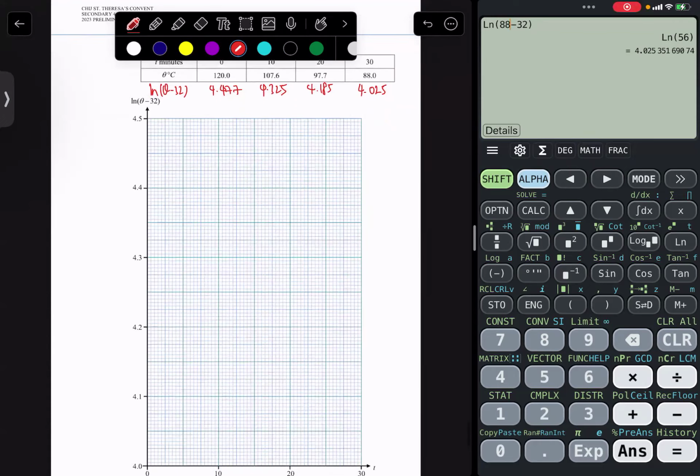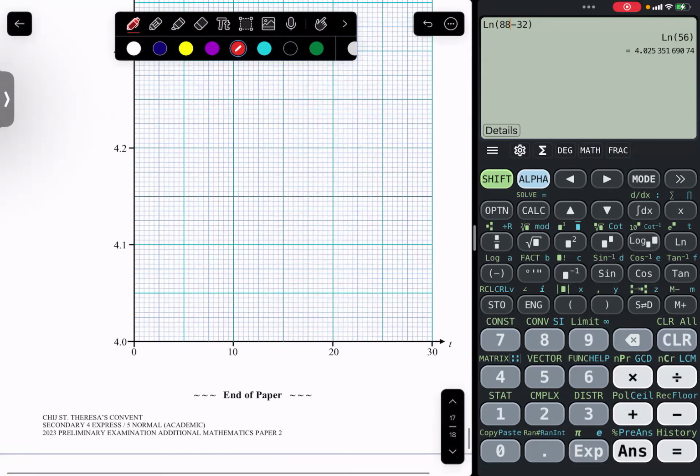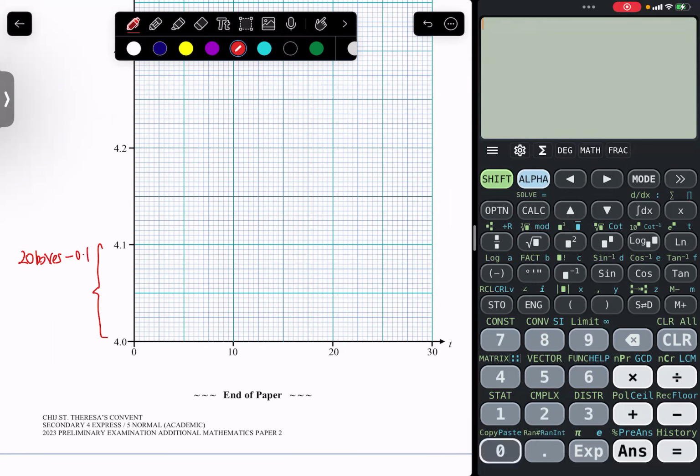Okay, so first value 4.477. Let's get the scale right first. This is 10, 20, 20 boxes for 0.1. So 0.1 divided by 20, each box is 0.005.